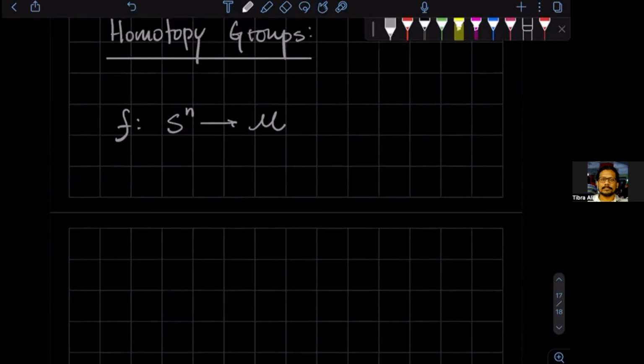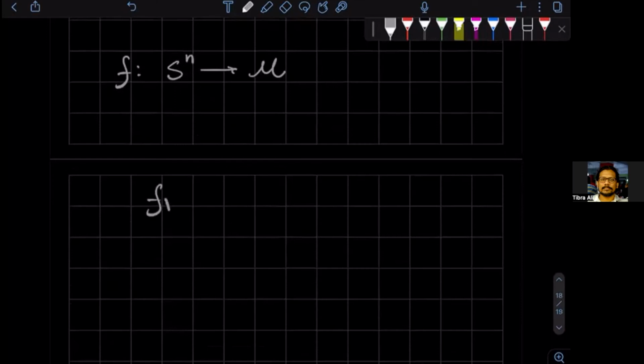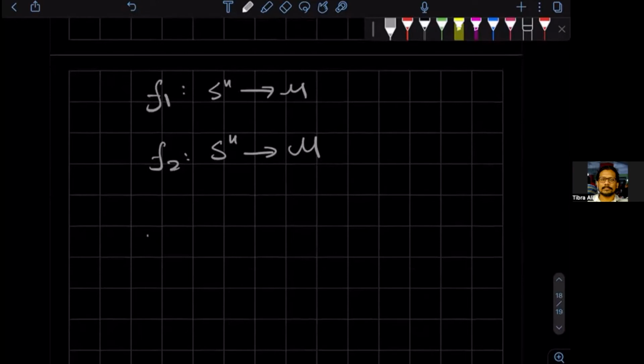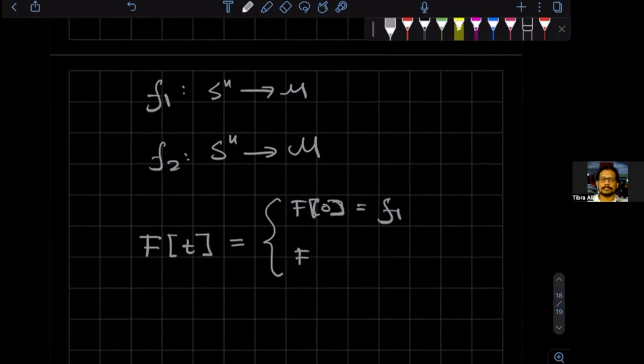So for example, if I have two maps f1, say from S^n to M, and another map f2, which is also a map from S^n to M, but there exists some other map F which has some parameter t, such that F of 0 gives us map number 1, and by a continuous deformation of this parameter I go from map number 1 to map number 2, then they are considered equivalent.